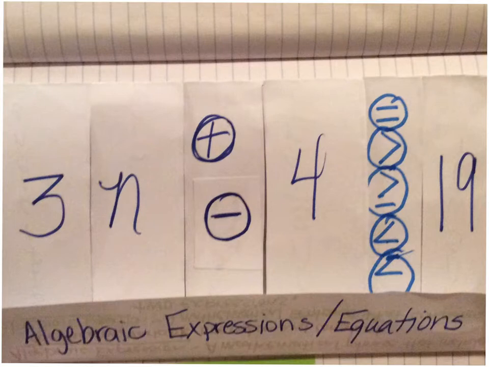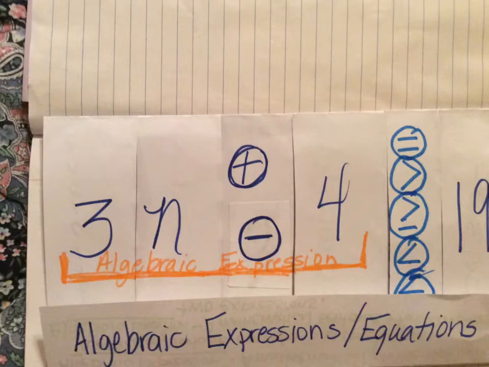So the next thing I want you to notice is how I wrote algebraic expression under 3n plus or minus 4 when it doesn't have an equal sign or an inequality. That means that it's just an expression.